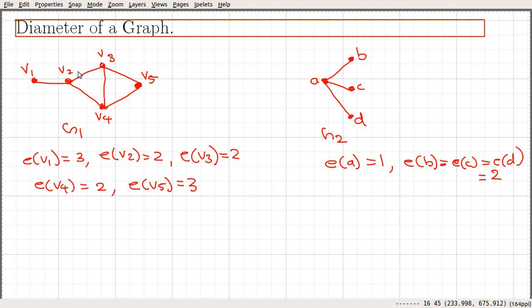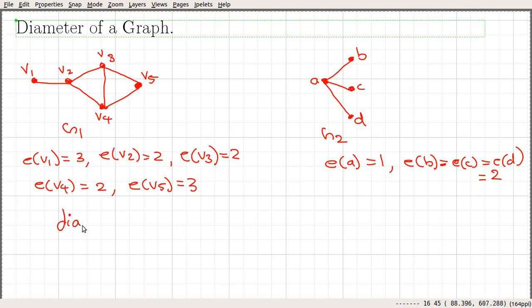So remember, eccentricity is defined for a single vertex and diameter is defined for the entire graph. So this is how it is defined, usually denoted like DIA for diameter of a graph G. It is equal to the maximum among all the eccentricities in the graph.